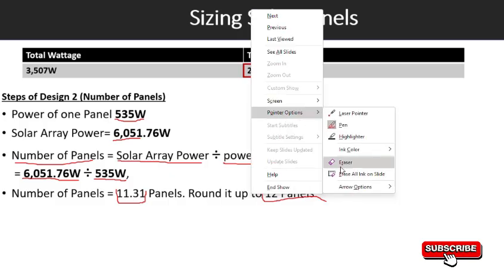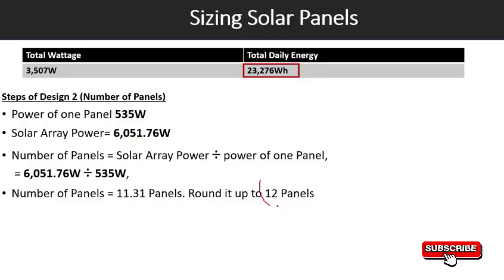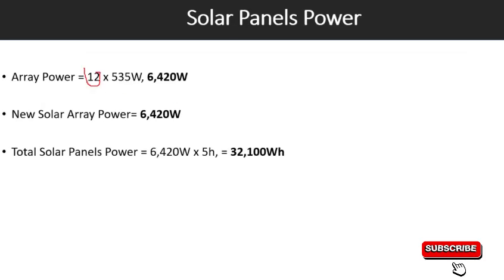So 12 panels multiplied by the power of a single panel, which is 535 watts. Our new solar array power now is 6,420 watts.